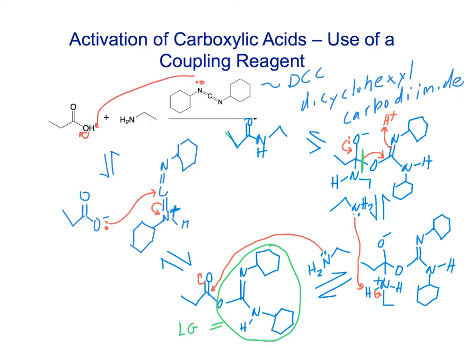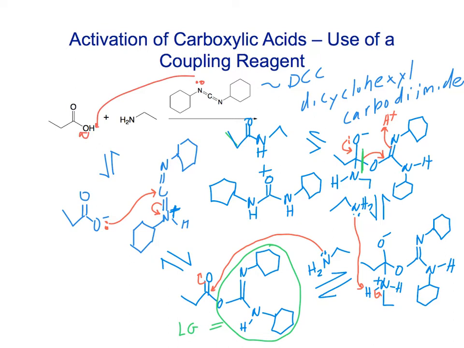And what did that other huge thing give us? Okay, so I'm just going to reorient it. We've got a carbonyl in the middle, an NH on this side with a cyclohexyl group, and NH on this side with a cyclohexyl group, like that.